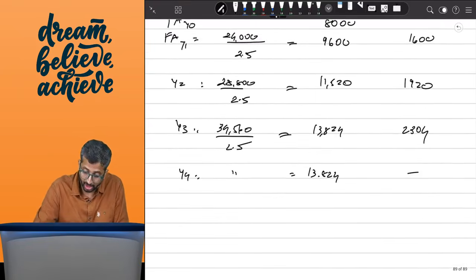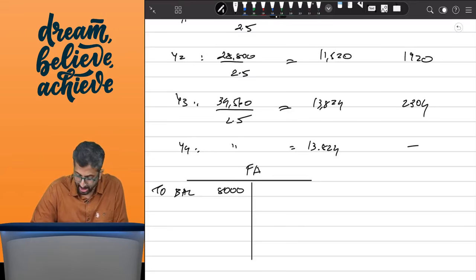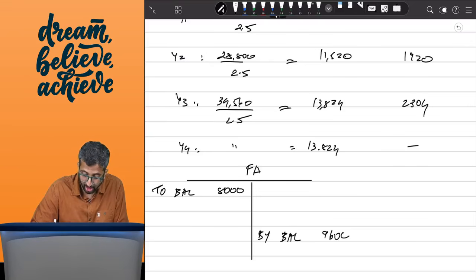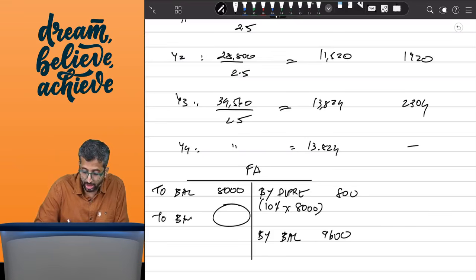However, here what is happening is my fixed assets depreciate, current assets don't. So my opening balance of fixed assets is 8,000, but my closing balance needs to be 9,600. However, there will be some depreciation, which is given to you as 10% of 8,000, and hence this comes to 800, which means if I find the balancing figure, this is the amount, let's say to bank.